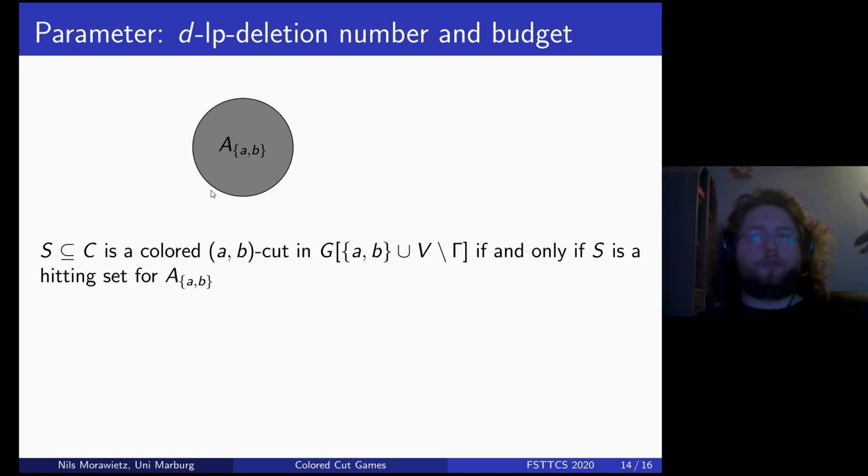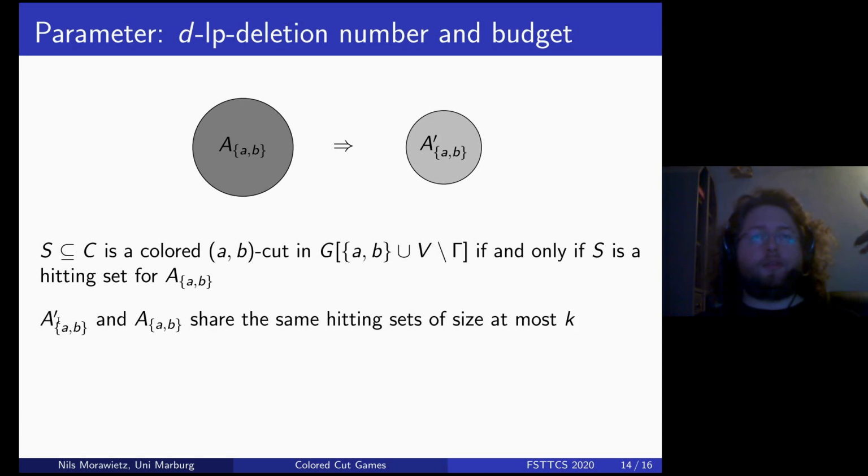So there is this close relation I mentioned earlier between colored ST cuts and hitting sets. And what we want to do now is somehow reduce the size of A_AB in the following way, that we obtain a smaller collection of color sets, such that A prime AB and A_AB share the same hitting sets of size at most k.